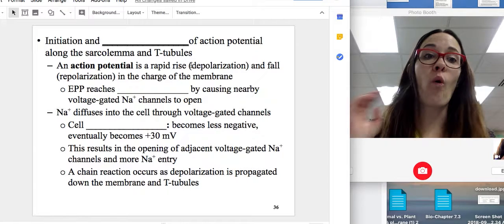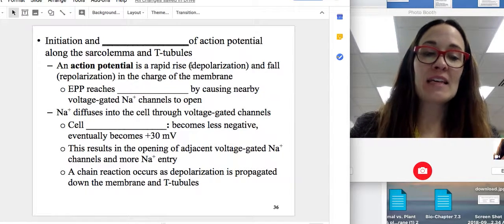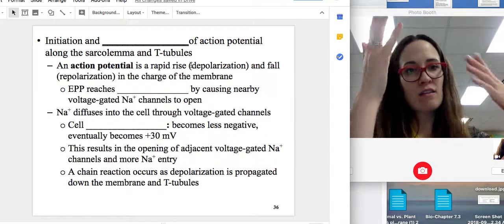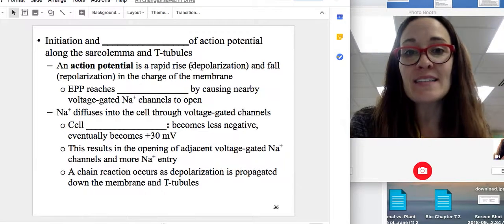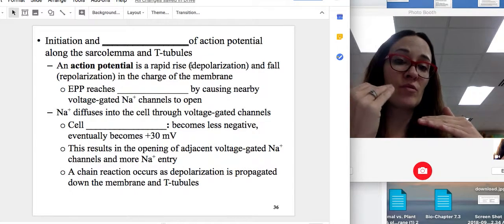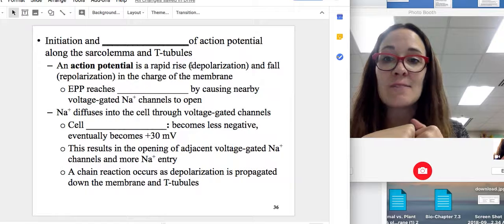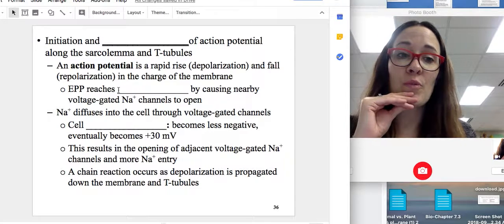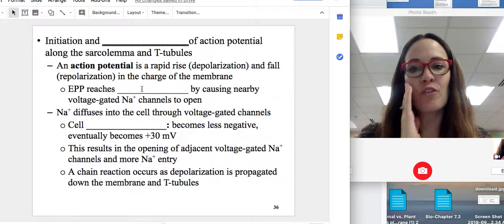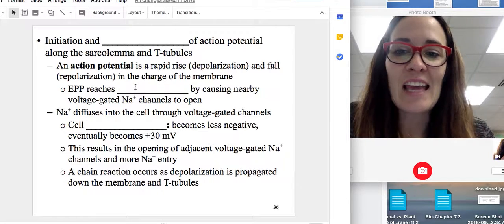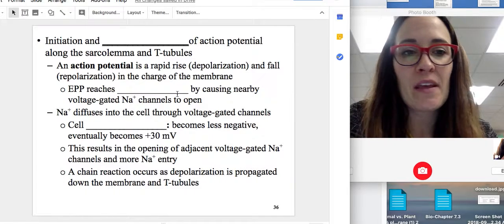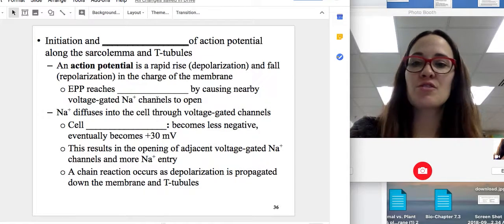It's called depolarization. So sodium goes in. The membrane depolarizes, and then right after, the membrane has to repolarize or go back to resting state. The action potential actually reaches what's called threshold, and then the message starts.